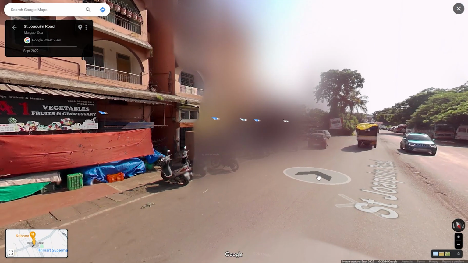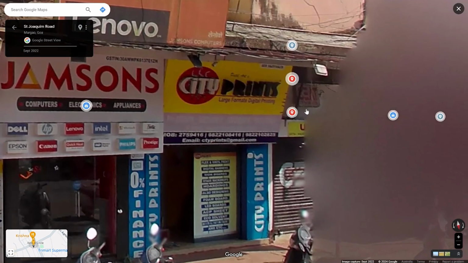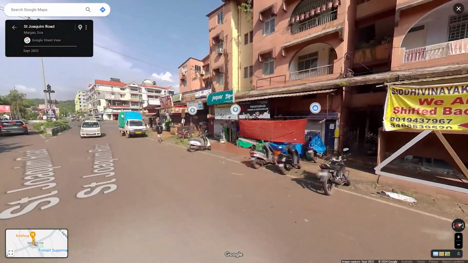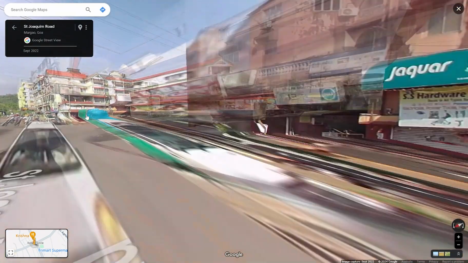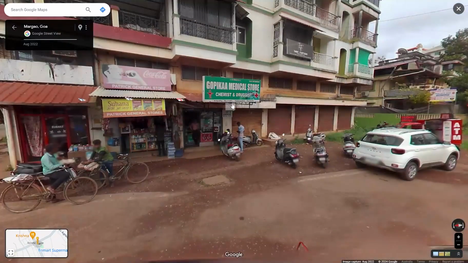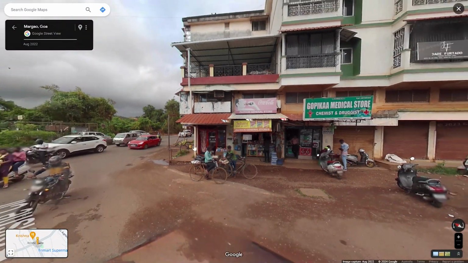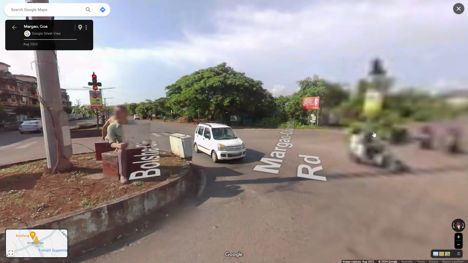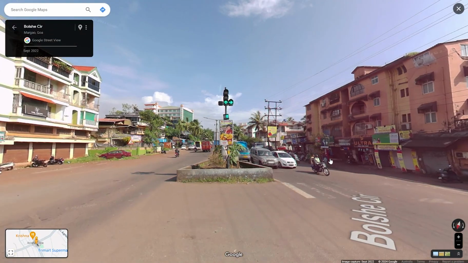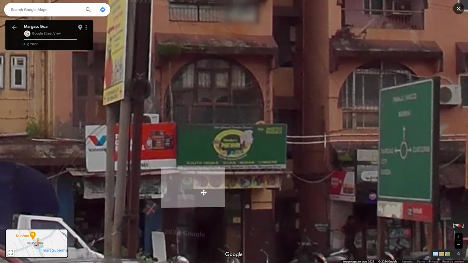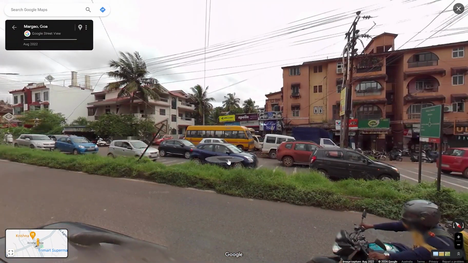The vast majority of the signs in Goa, especially in the biggest cities, will be written in English. More English, again a little bit of Devanagari script, but the vast majority that you'll see is all going to be written in English.